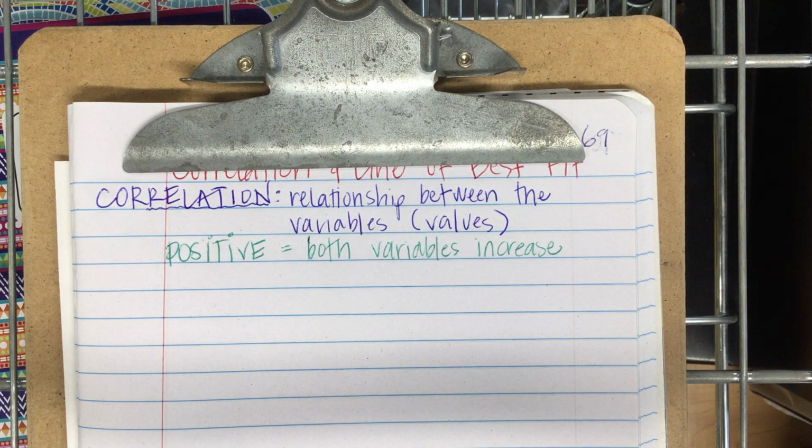A positive correlation would be something like how old your car is and how many miles you've driven your car. As your car's age increases, the number of miles it's been driven increases. Both variables increase. It's a positive relationship.